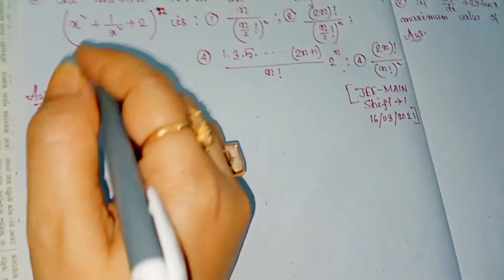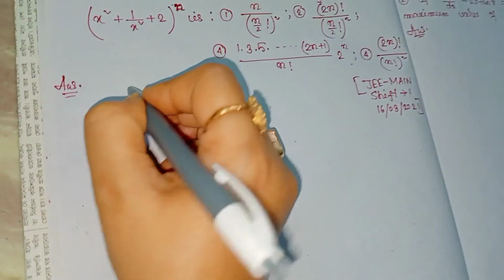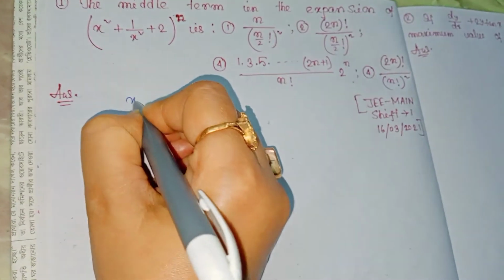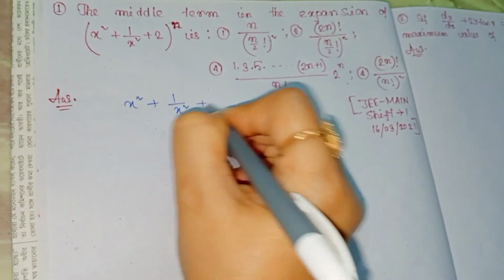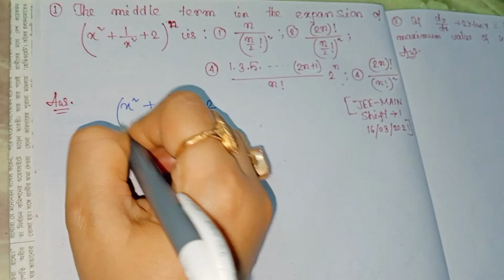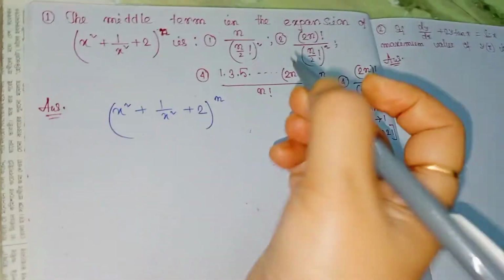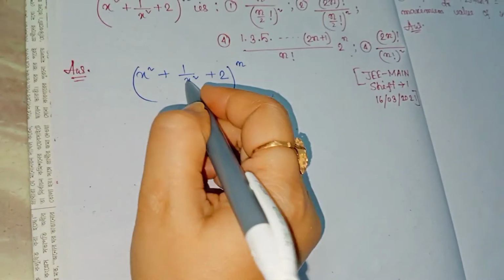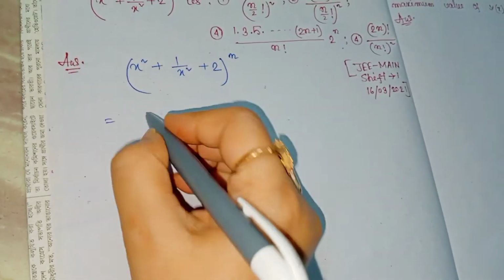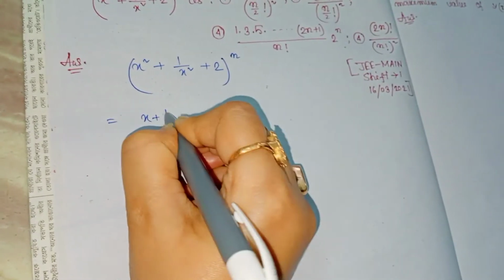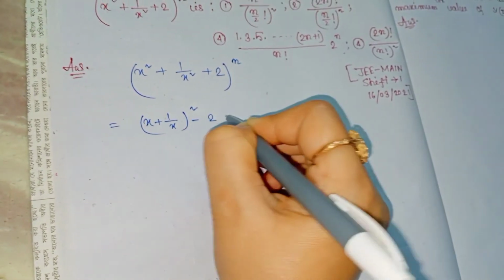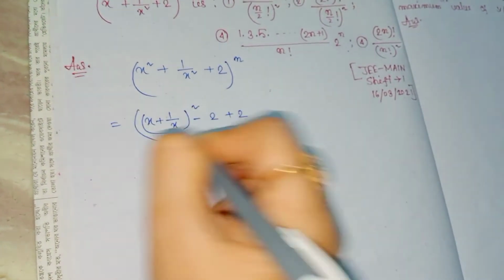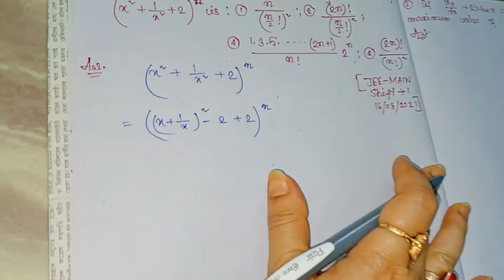So at first the given expansion is (x² + 1/x² + 2)^n. Split this as ((x + 1/x)² - 2 + 2)^n.